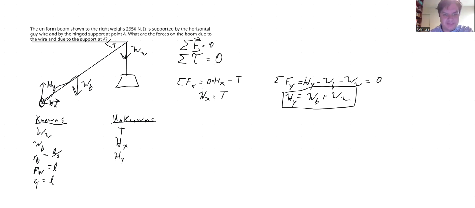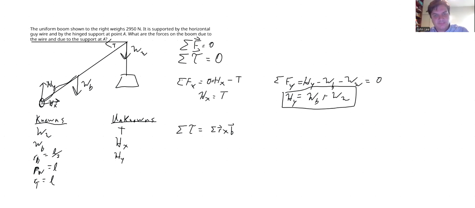In order to do that, we have to find the sum of all of the torques, where each torque is equal to R cross F, not R cross B, sorry.